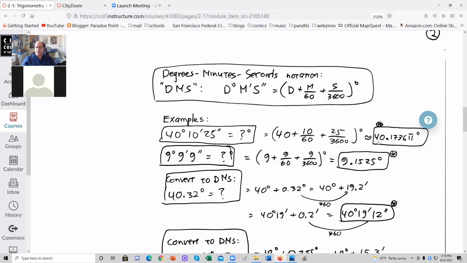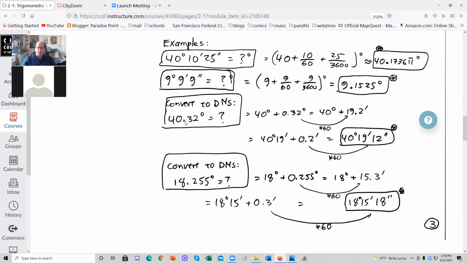If you work it out, it's 40.17361111, repeating forever, degrees. 9 degrees, 9 minutes, 9 seconds: 9 degrees plus 9 over 60 of a degree plus 9 over 3600ths of a degree comes out to 9.1525 degrees.